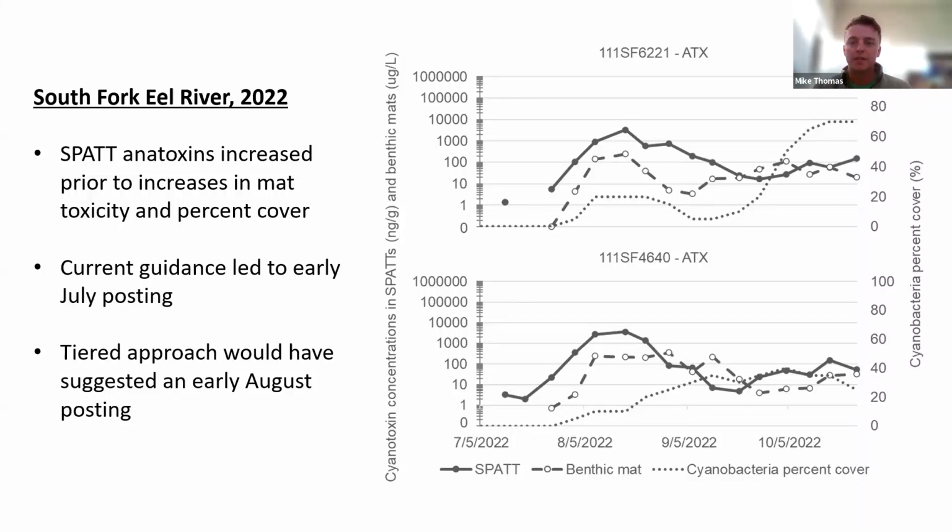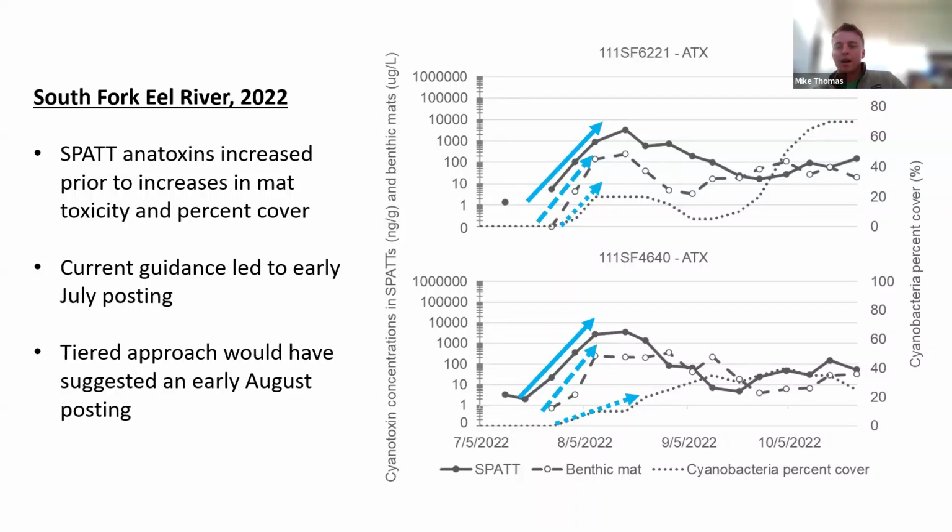What you see at these two sites is the initial increase in spat anatoxins, which starts to occur about 1 to 2 weeks prior to increases in benthic mat toxicity. We see that both of these increases in anatoxins in mats and spats occur prior to increases in cyanobacteria percent cover.